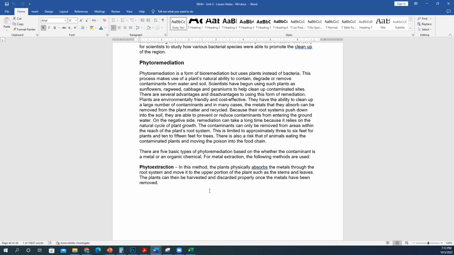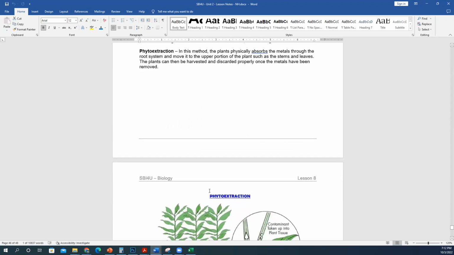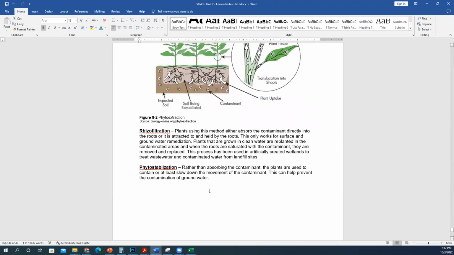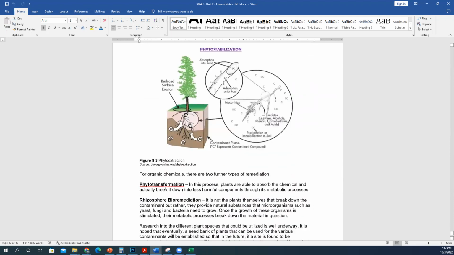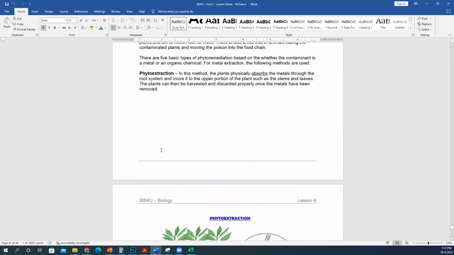If you have a metal that you're trying to extract from the environment, the methods of phytoextraction, rhizofiltration, and phytostabilization are used. And if you have organic chemicals, there are these two methods. So let's look at them a little bit more closely.